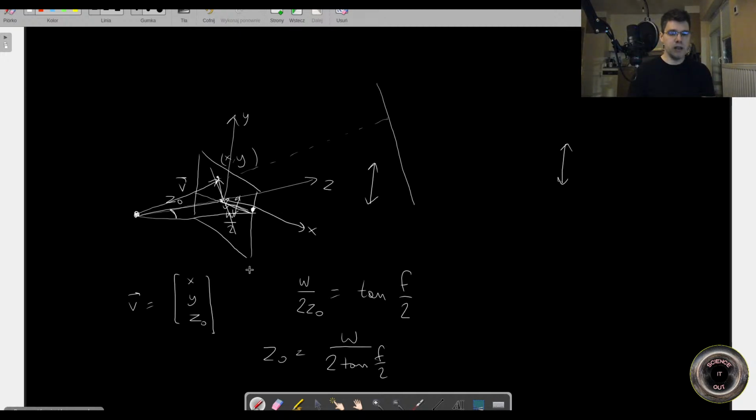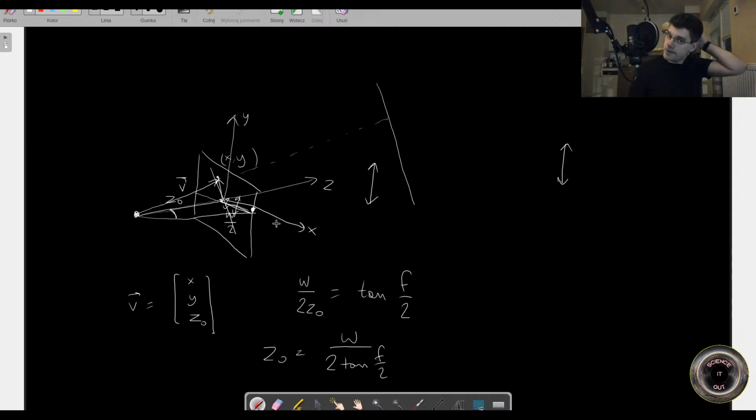So this is basically what most cameras strive to simulate. Most lens manufacturers are attempting to make at least not wide angle lenses, but regular lenses, as rectilinear as possible, so they should approximate what I described here as much as possible.